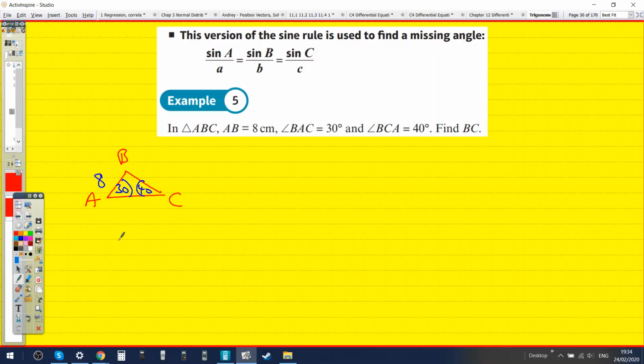You don't have to. The angles are always opposite this side. So if that's big A, then that's little a. I mean, just angle A is 30, angle C is 40, something like that.